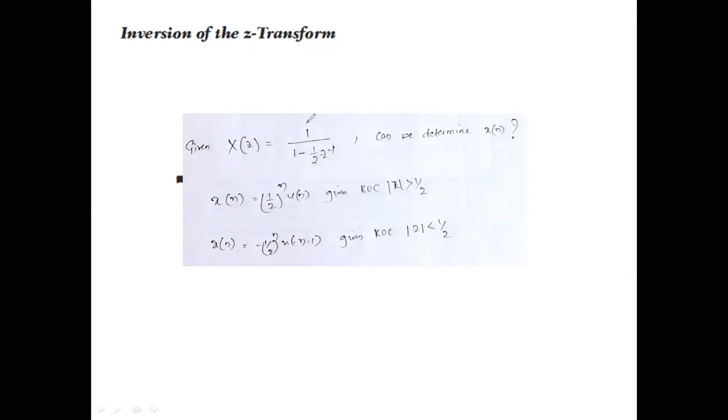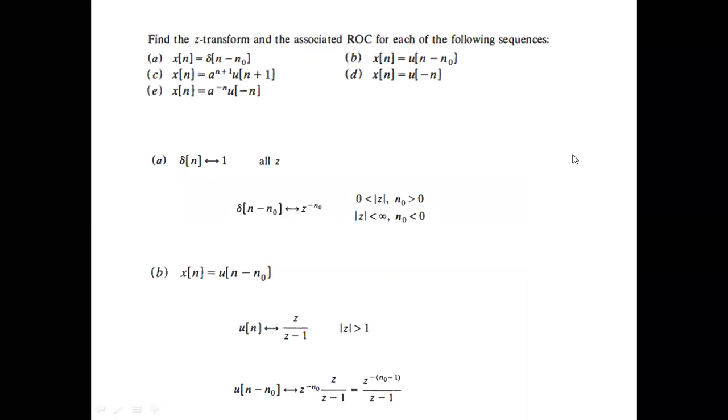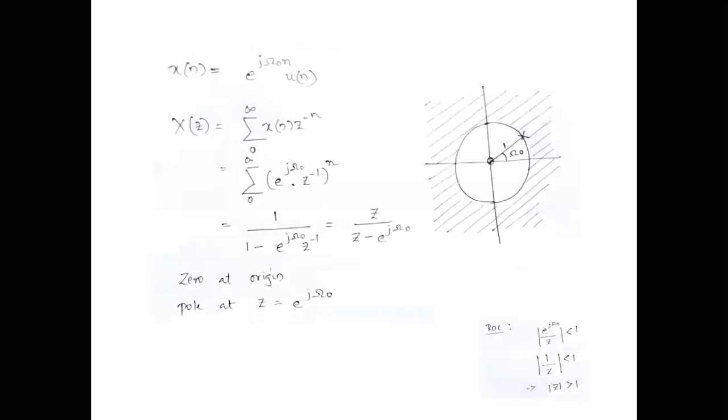Now this signal 1 divided by 1 minus 1 by 2 z to the power minus 1 can be the z transform of this, and it can be the z transform of this other one also. Remember the fourth and fifth problems that we solved earlier in the z transform; there were two types of questions.